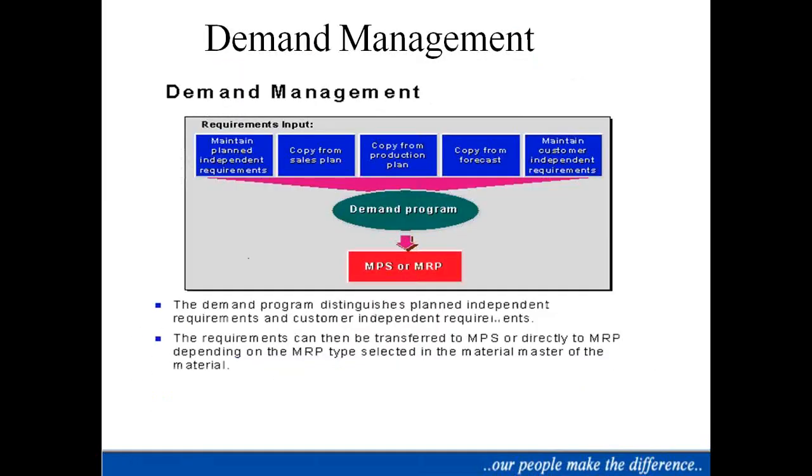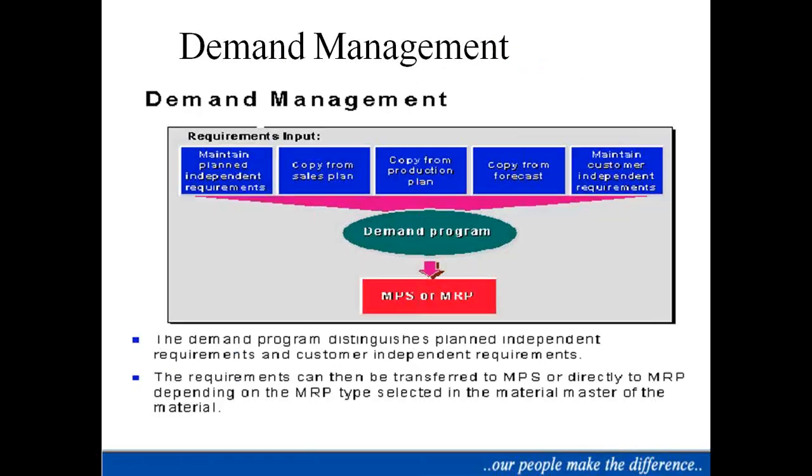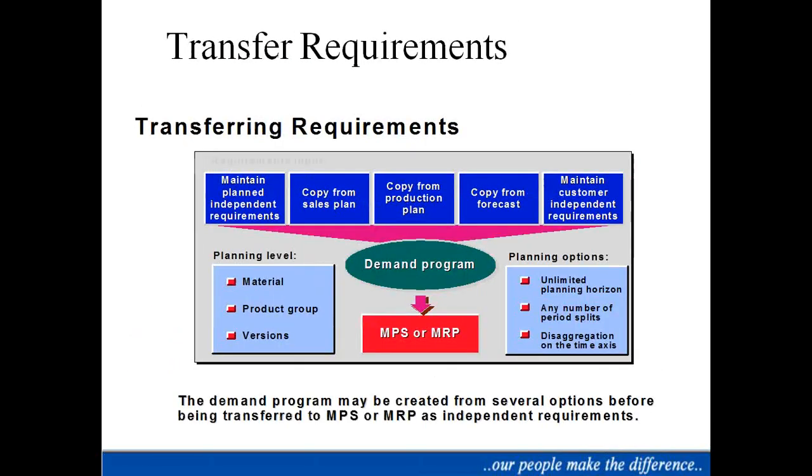So where are we? Here is our demand management, that is basically independent requirements. These independent requirements are getting converted into planned orders and so on. Just wait for a minute.